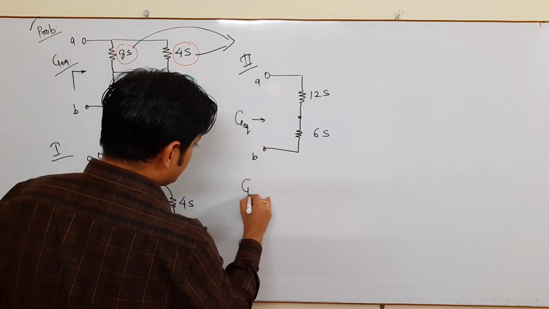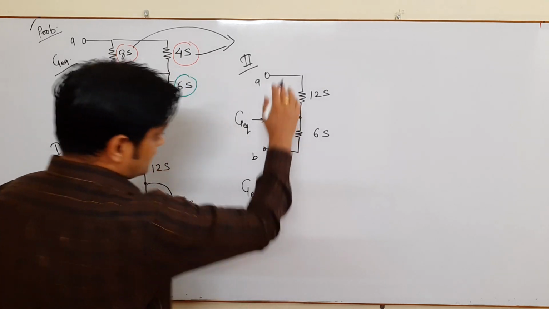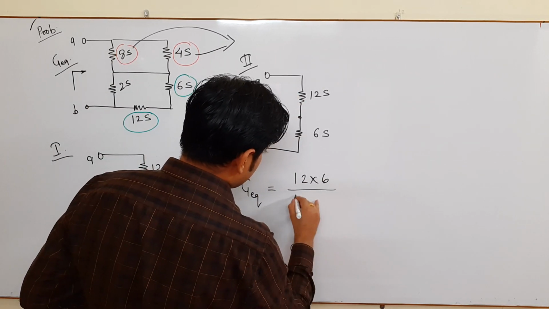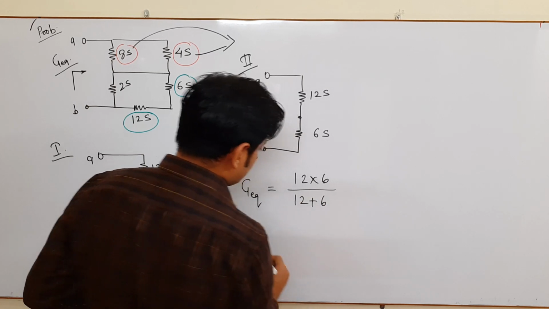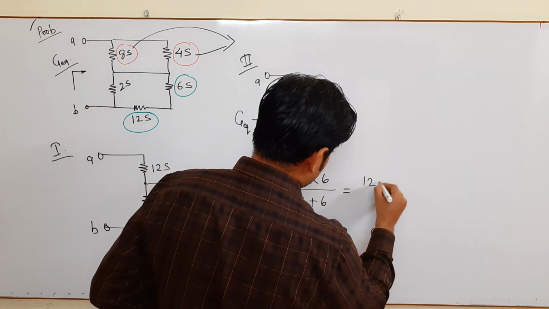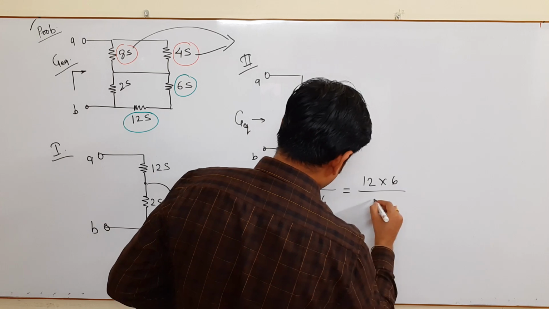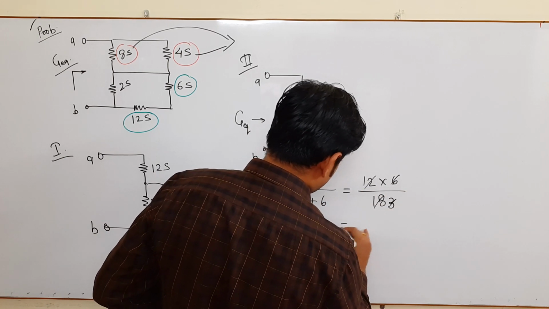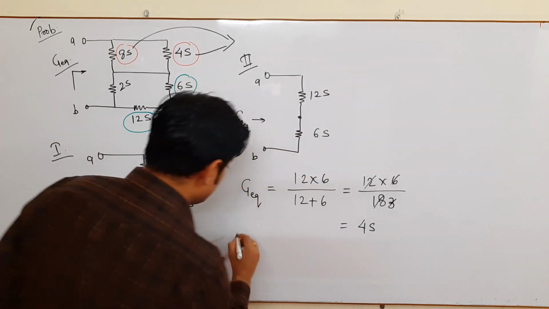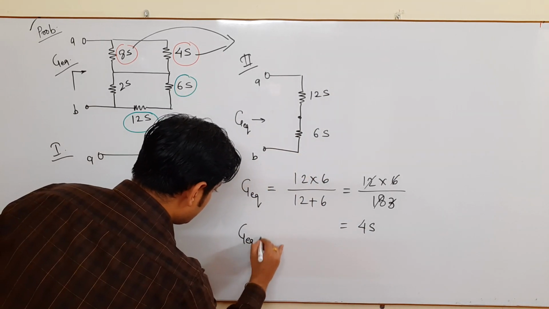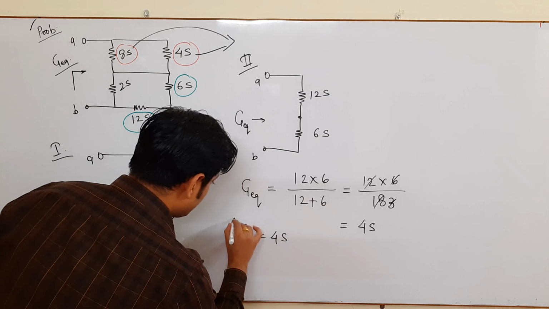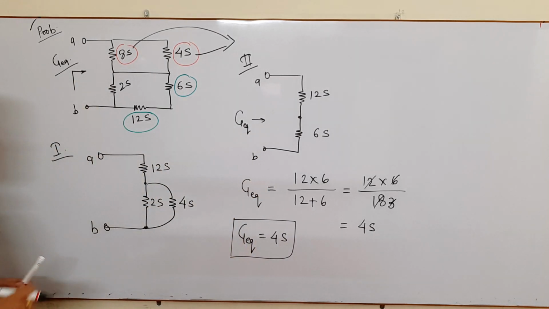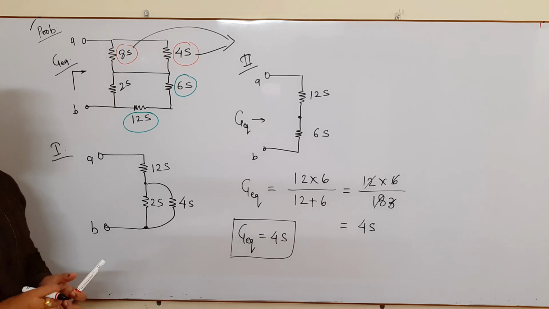So what is G equivalent? Since this is in series, you have to find it in this manner: 12 into 6 upon 18, and that comes to be 4 S. So the value of G equivalent at terminal AB comes to be 4 Siemens.